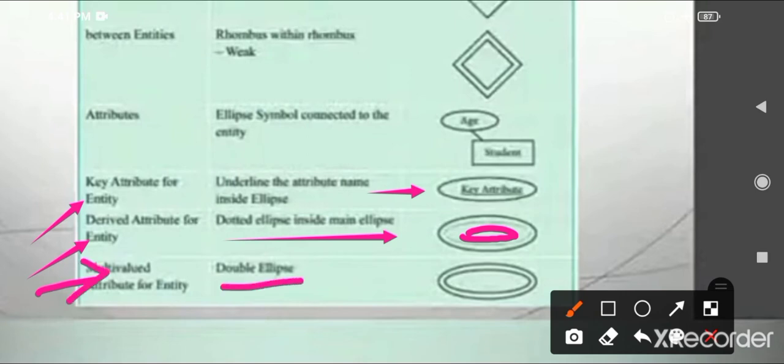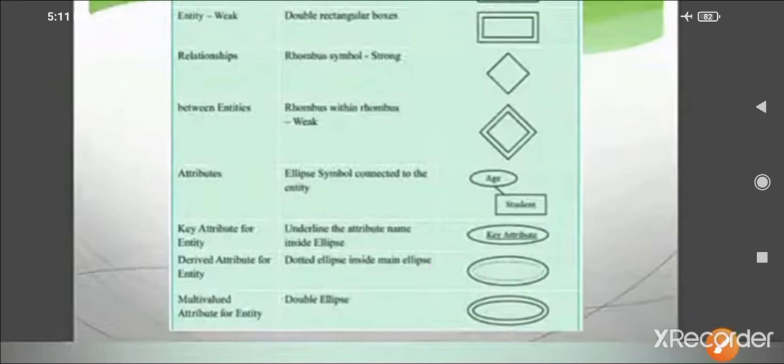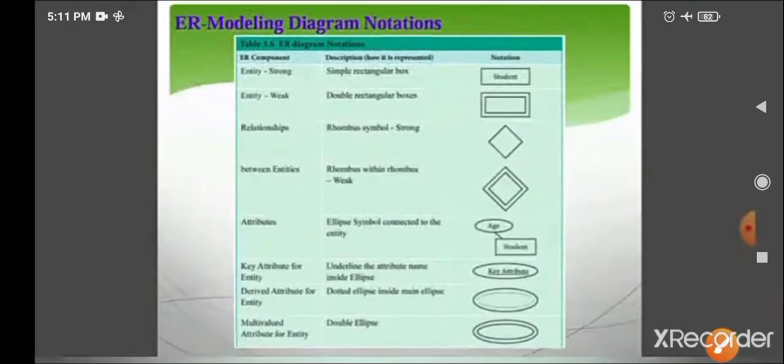Here we draw the double ellipse symbol. In the derived attribute, we use the dotted ellipse; don't confuse it. This is the concept of ER diagram notations.